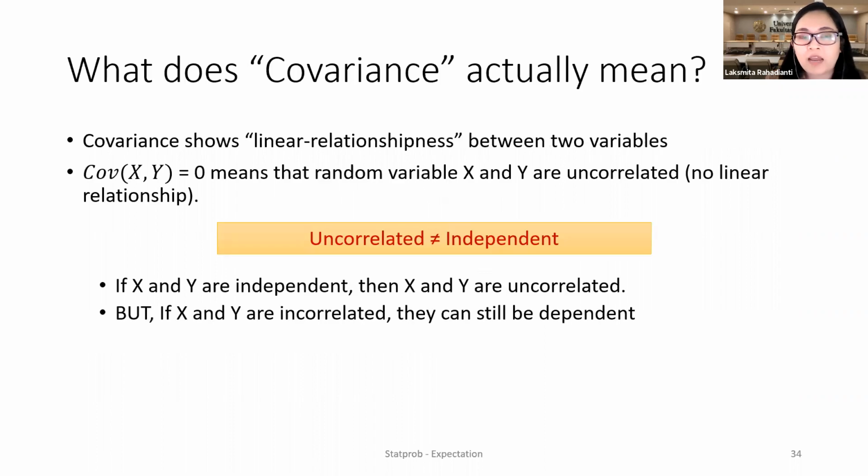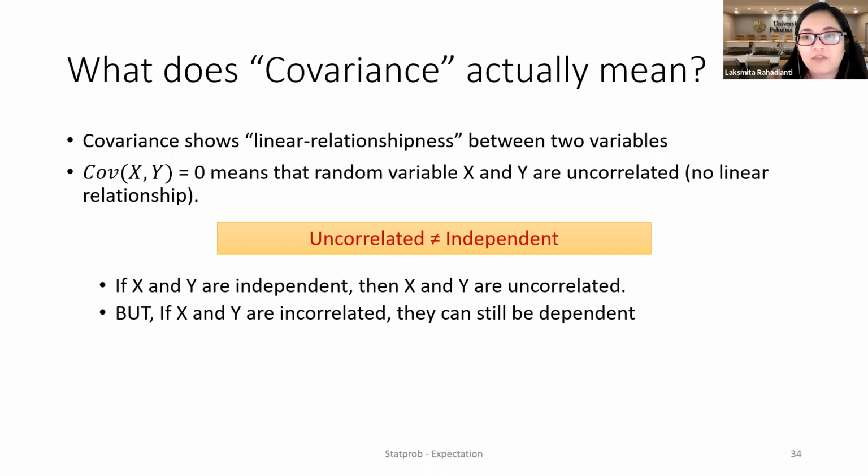Remember that just like when we were talking about correlation, more or less, covariance also tries to map the linear relationship between two variables. So if it's 0, it means it's uncorrelated. It has nothing to do with each other. If it's 1, that means it's very strongly correlated, and so forth.